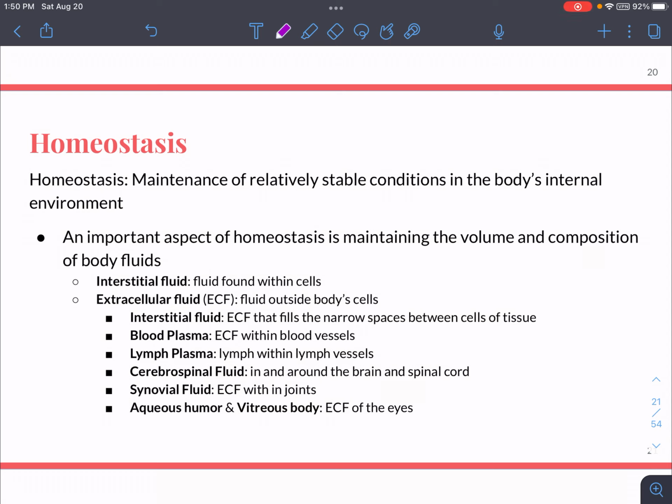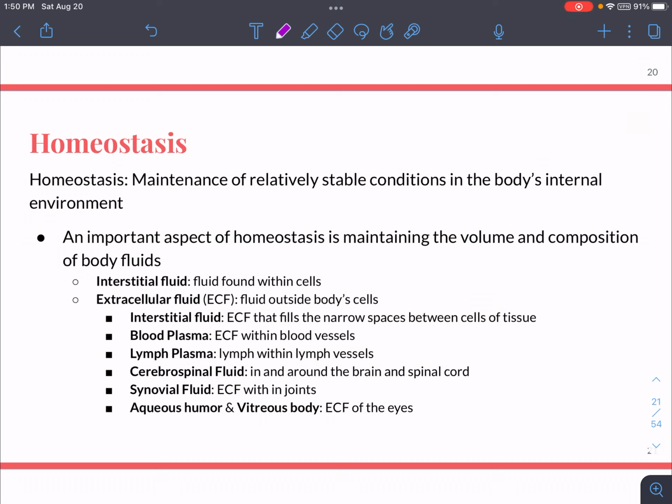If you've ever had blood drawn from your arm, you'd see that blood is a liquid for the most part. But blood plasma is that extracellular fluid within blood vessels. Plasma is technically kind of a yellowish color, but because the blood cells are mixed in, that's what makes it look red.